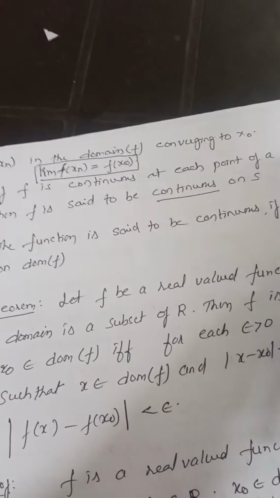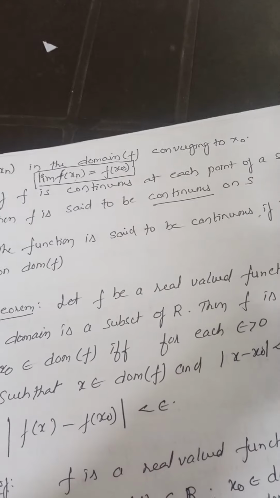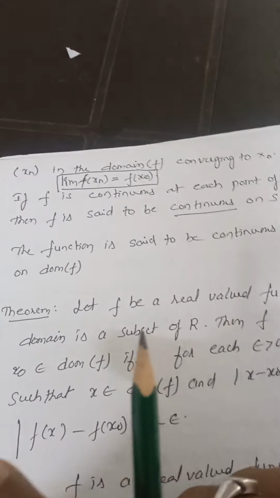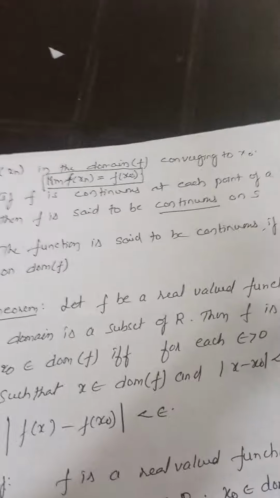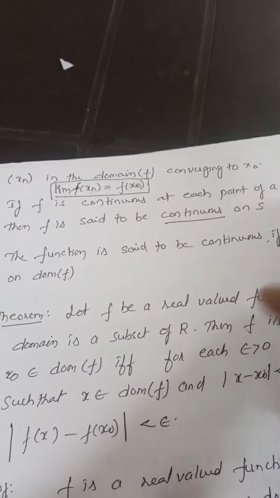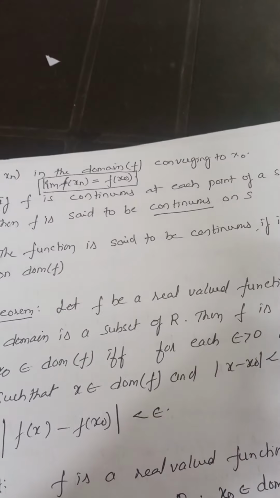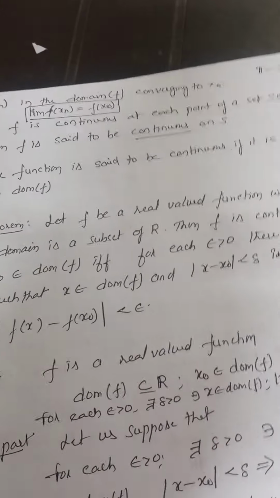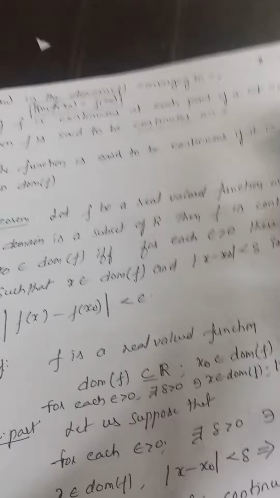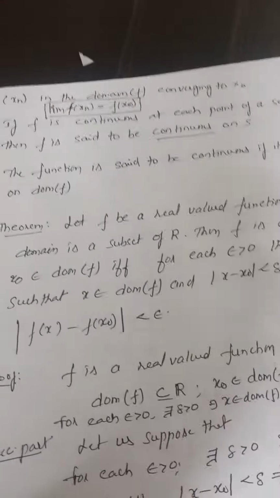That means the function is continuous at a single point of the domain, but it is not continuous on the entire domain. If it is continuous at each point of the domain, then we can say that f is continuous, meaning on the entire domain.